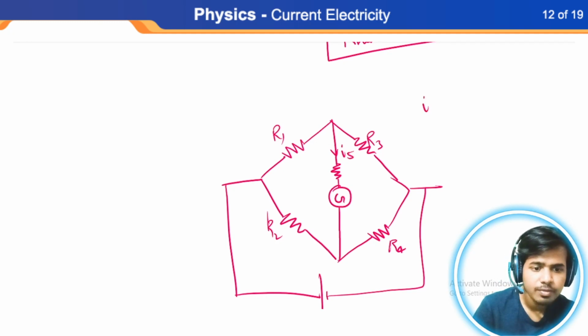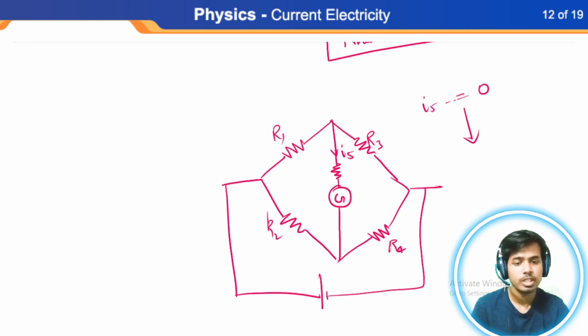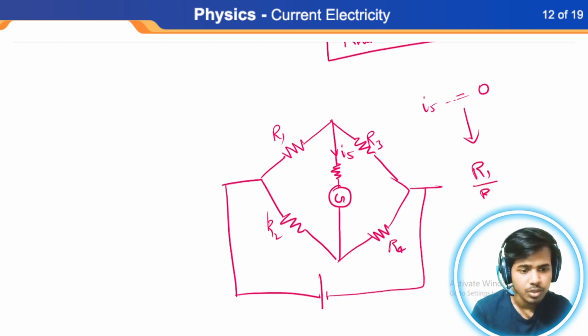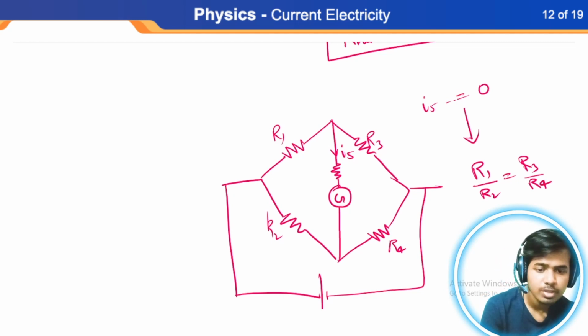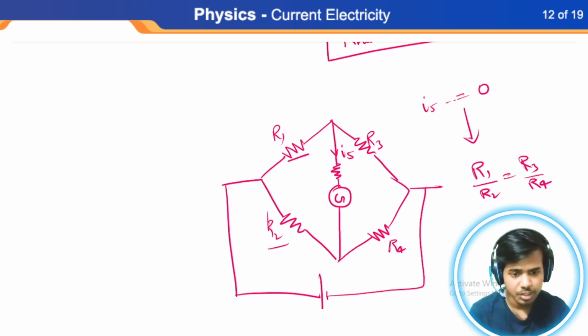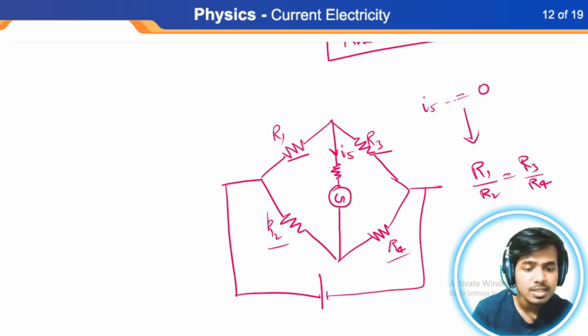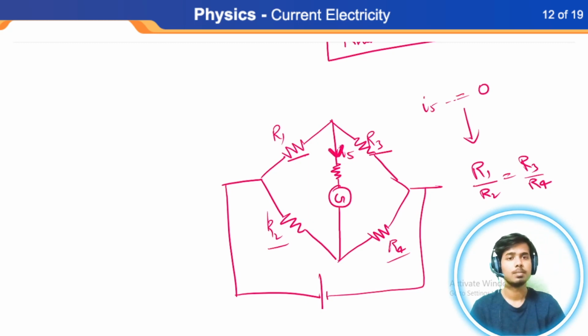If I calculate the value of I5 using the circuital laws and make it equal to 0, then the result gives me R1 by R2 is equal to R3 by R4. It basically means that if you have R1 by R2 in the same ratio as R3 is to R4, then no current is going to pass through this middle arm of this circuit.